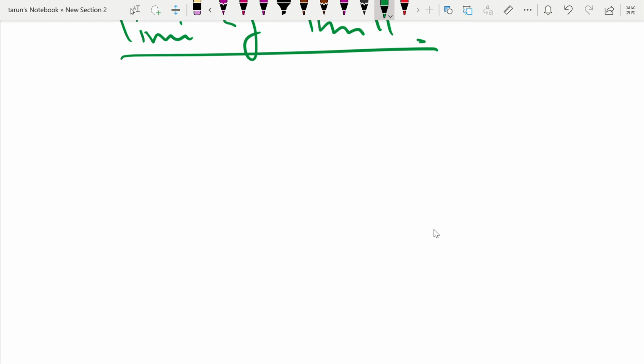While palpating for a thrill, always put your left thumb over the right carotid artery at the level of the upper border of the cricoid cartilage to confirm the timing.